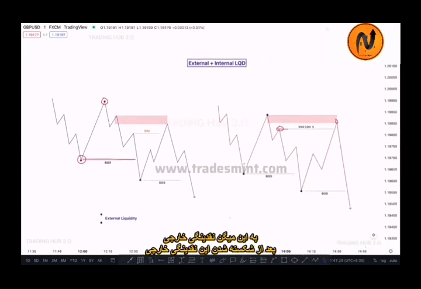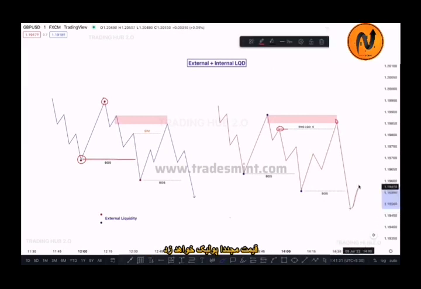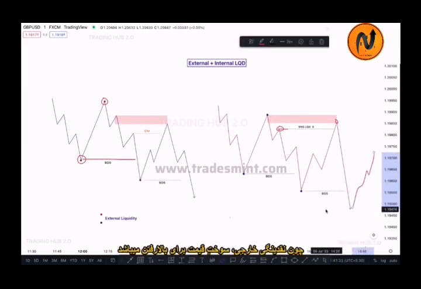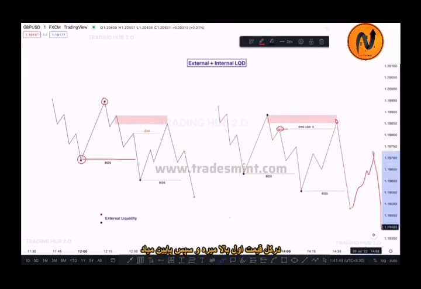After taking out the external liquidity, the market takes a pullback, because external liquidity works as fuel for the market to push up or push down. You can say it is a retest in a simple way, but no, this is actually a pullback. Then the market pushes higher and then again pushes downside.